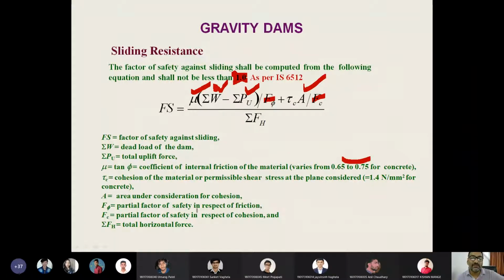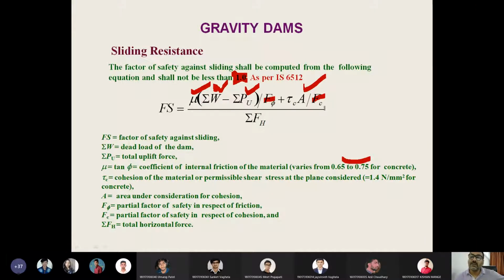What is Ff? It is the partial factor of safety in respect of friction. We will see how much it should be; there is a provision in the IS code for the values of Ff and Fc. And what is Fc? It is the partial factor of safety in respect of cohesion. These two should be taken from the code.